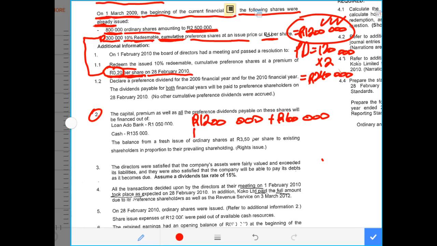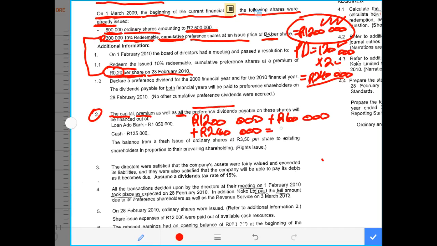Then after we add the preference dividends, and our preference dividends is 240,000, because we know that preference dividends per year is 120,000 for 2 years. Then that will give us 240,000, because they said the capital, premium, as well as all the preference dividends payable on these shares.